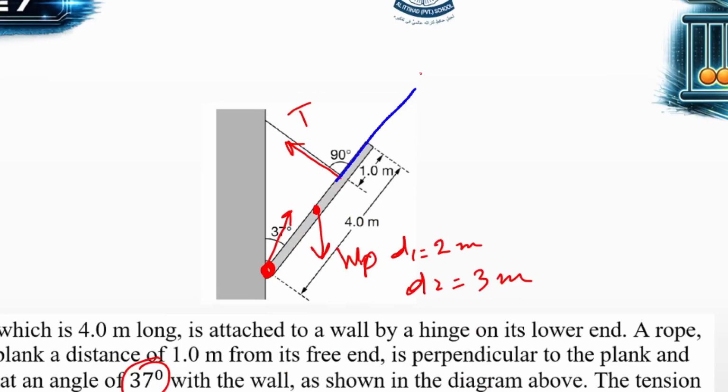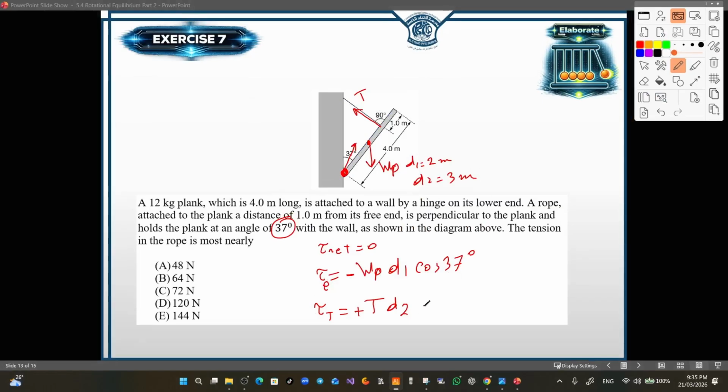Since this force is perpendicular to the radial direction, it makes 90 degrees with the tangential direction, so no need to involve the cosine of the angle here. Okay, so now we can write it equals 0. So minus WP D1 cosine 37 degrees plus T D2 equals 0.